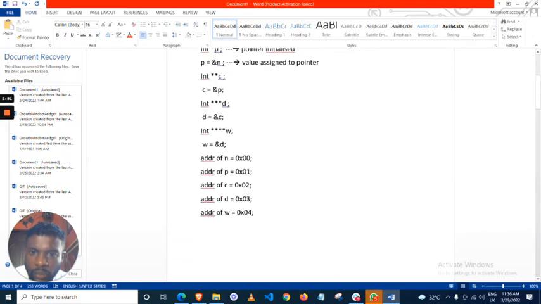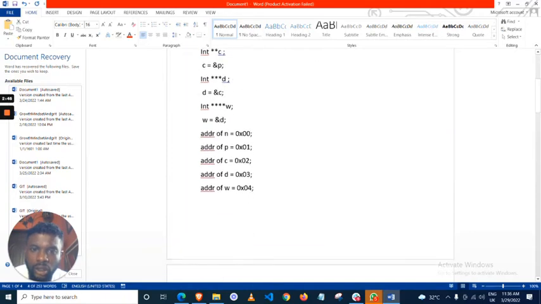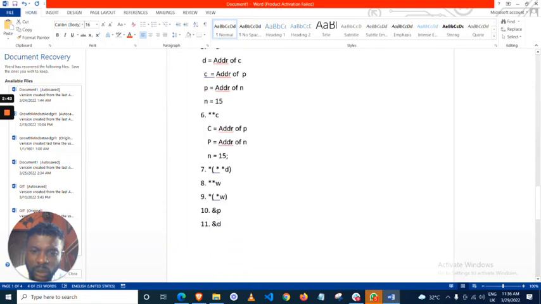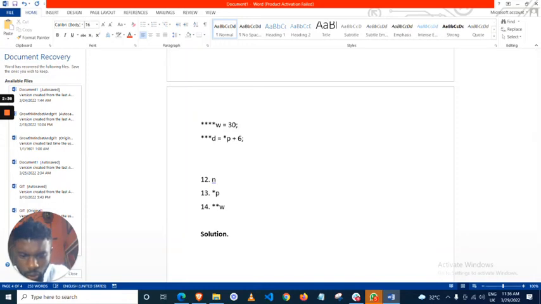Pointer P holds the address of N. You must also know the difference between the use of pointer P and the use of just P. They are different. If you see this P, this is the pointer P. So this P alone is the address of N.